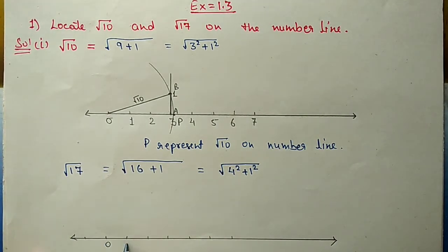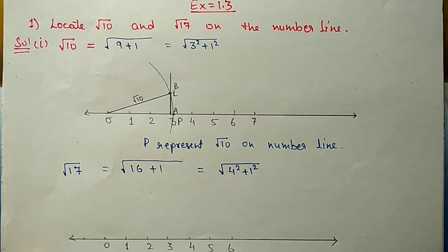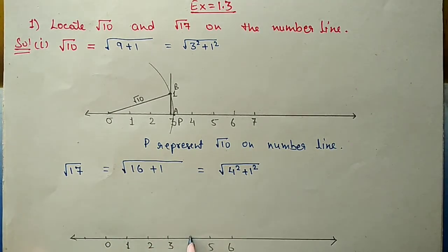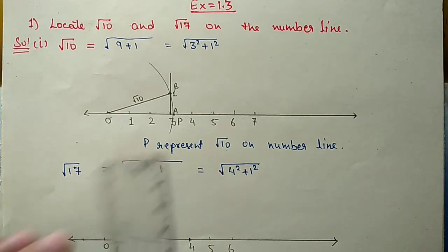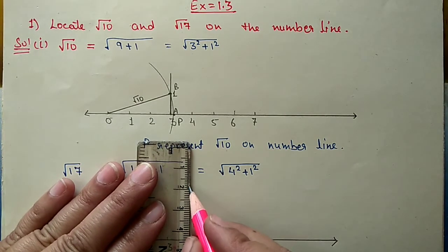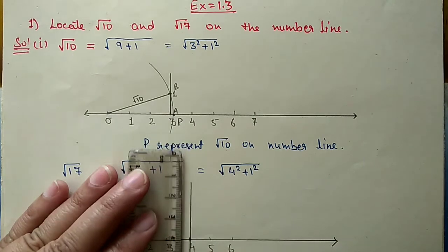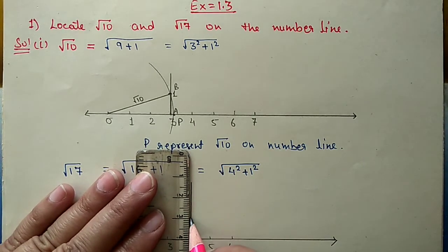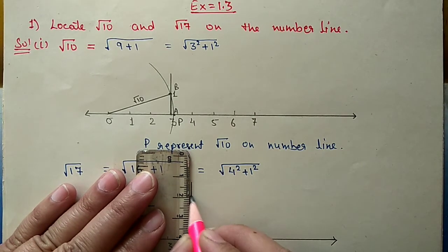Start with 0, 1, 2, 3, 4, 5, 6. So on this baseline we will represent 4. This first number we will represent here. So 4 will come here and another number we have to represent on this vertical line. So draw one vertical line and mark again here 1, 2.